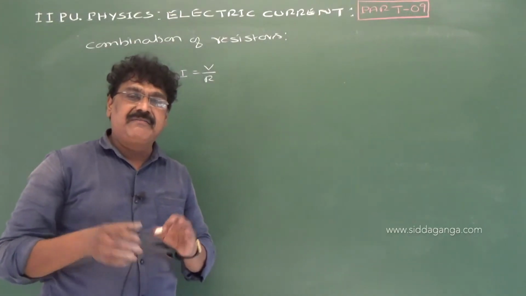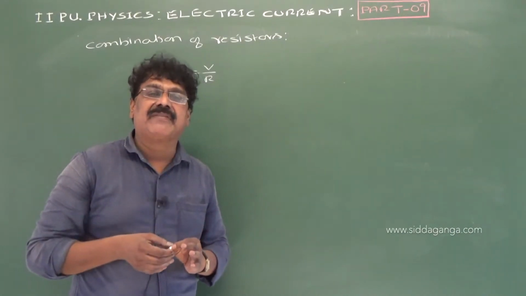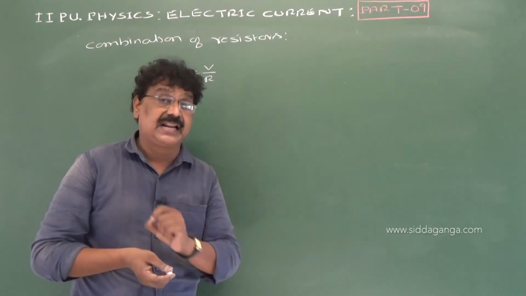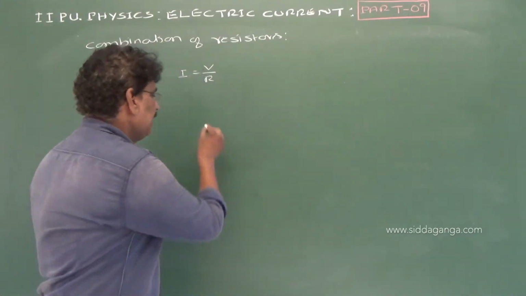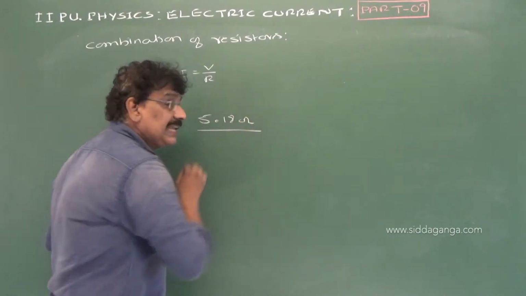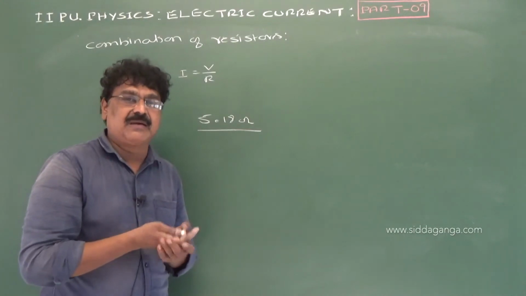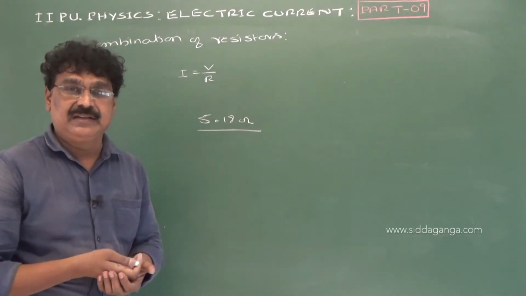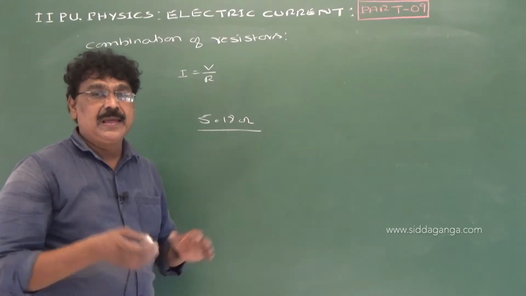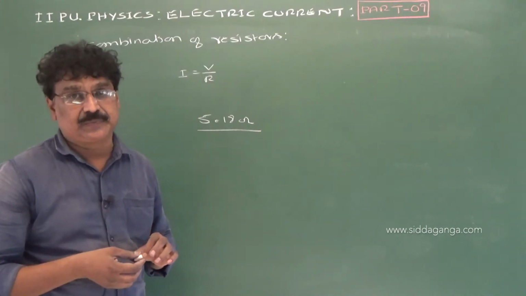But whenever we need a desired value of resistance, a particular value of resistance in a circuit, say for example 5.18 ohm exactly is needed, right? Now this cannot be manufactured. Somebody needs 5.1, somebody needs 5.2, somebody needs 5.05. That depends upon the functioning of the circuit, right?